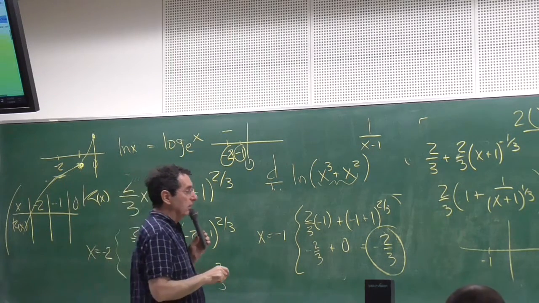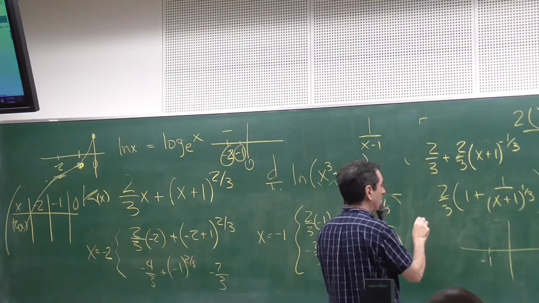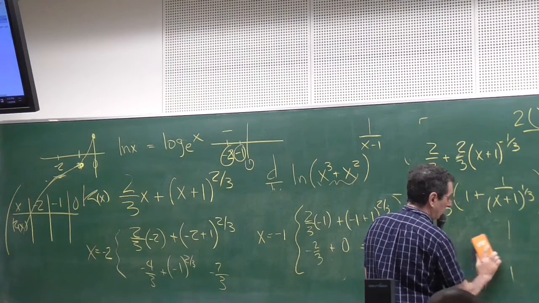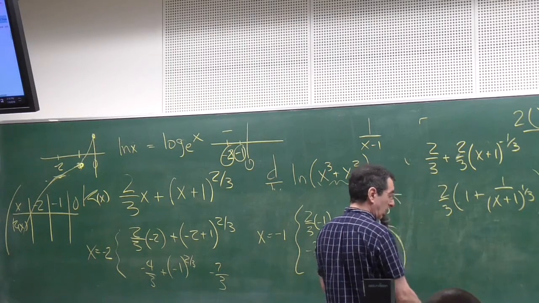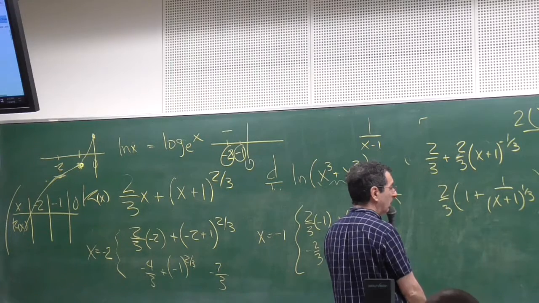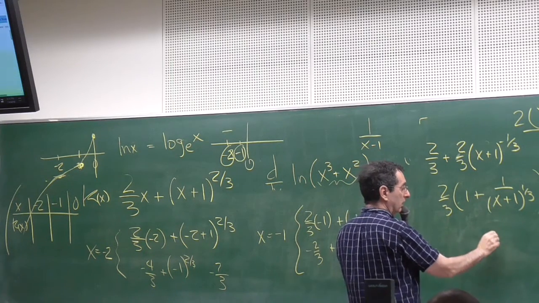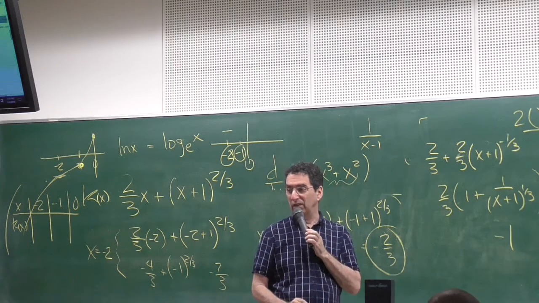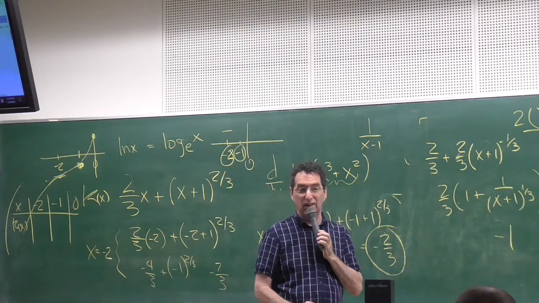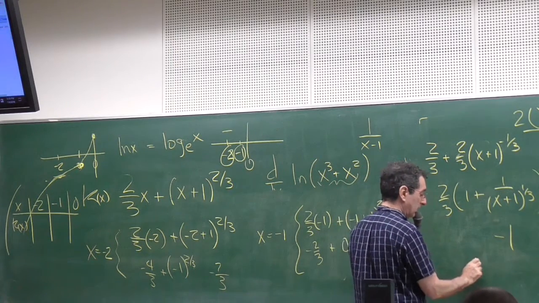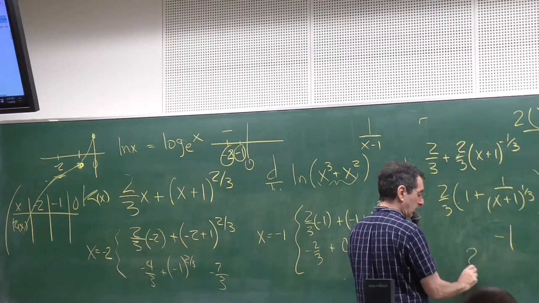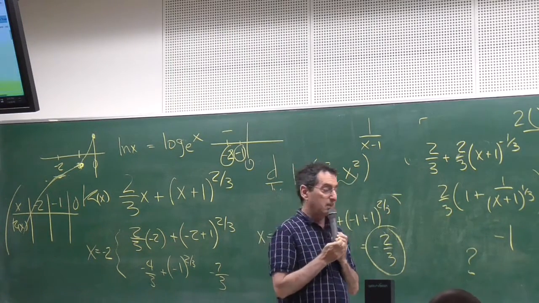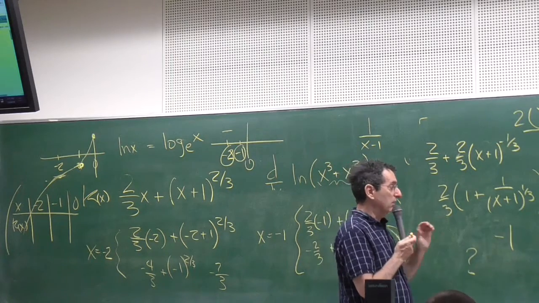Okay, let's think about this. Here's the derivative. So we have this problem at -1, right? The derivative doesn't exist there. Okay, so let's ask what's happening to the left and to the right of -1.